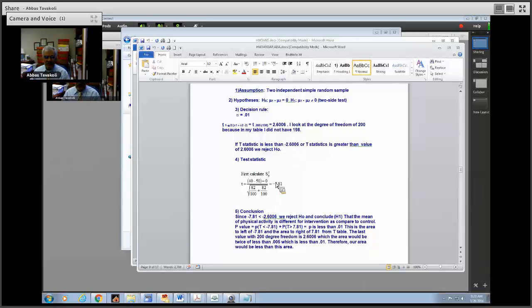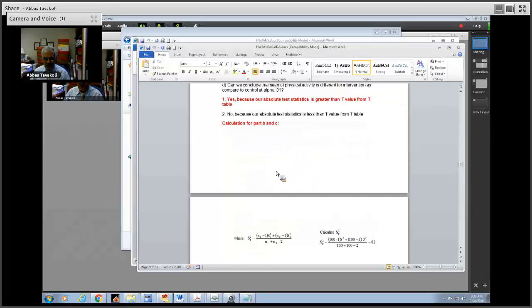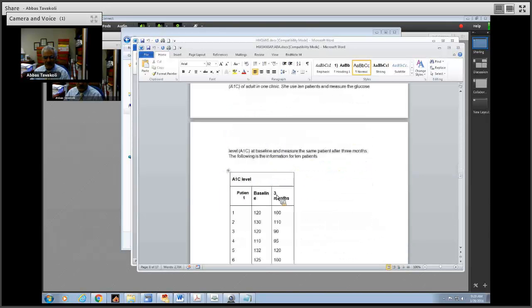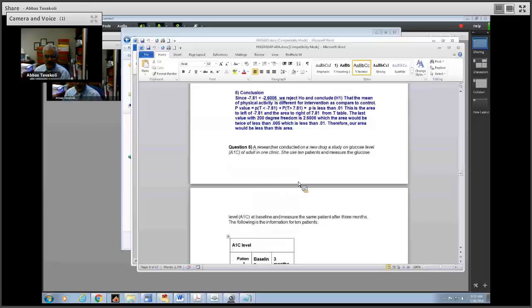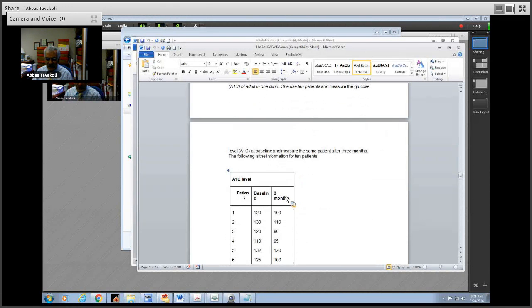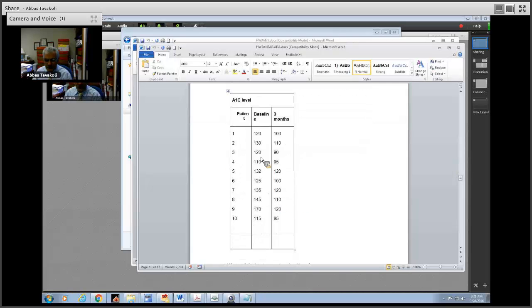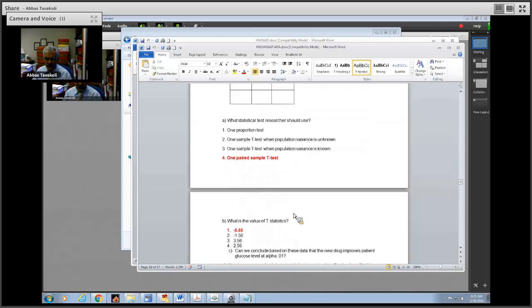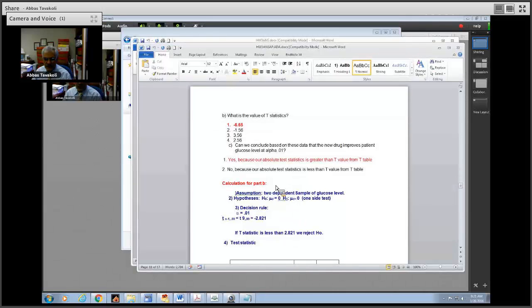If your statistic is either greater than 2.6 or less than negative 2.6, or the absolute value of your test statistic is greater than t from the table, you reject. And obviously the absolute value 7.81 is much greater than 2.6, so you reject and conclude, yes, there is a difference, because there is a difference between control and intervention in terms of physical activity.